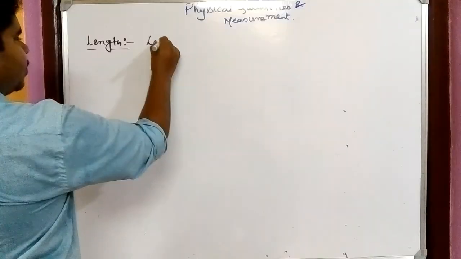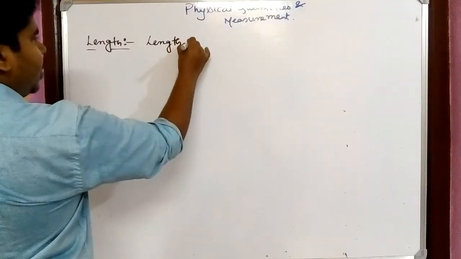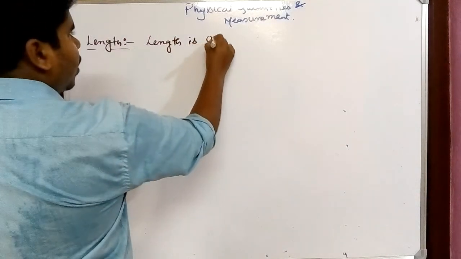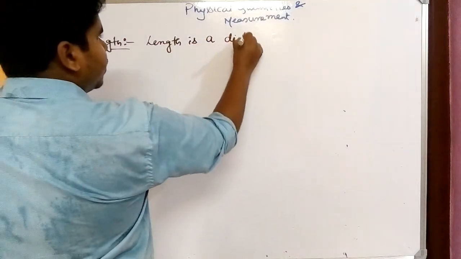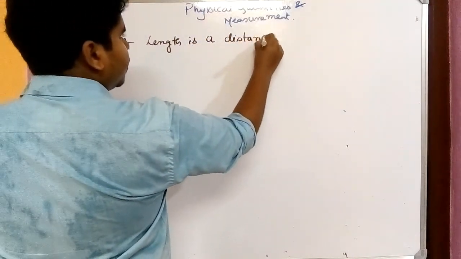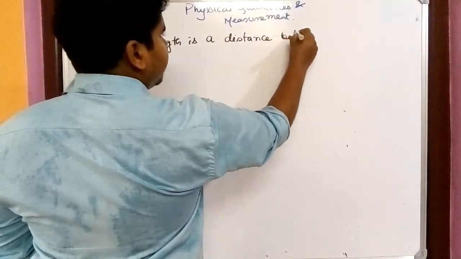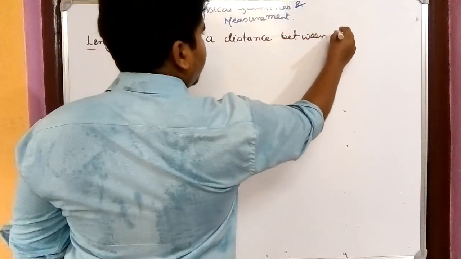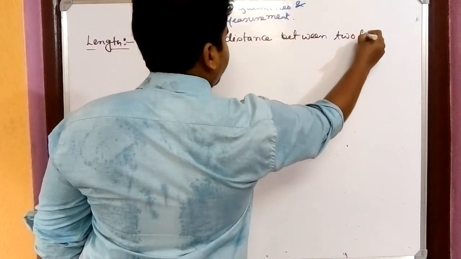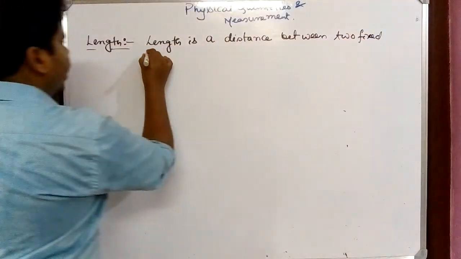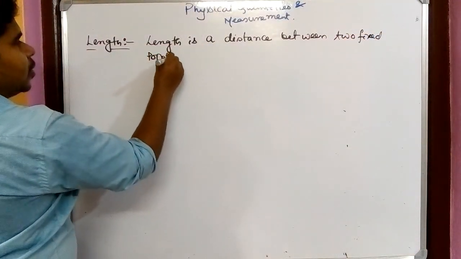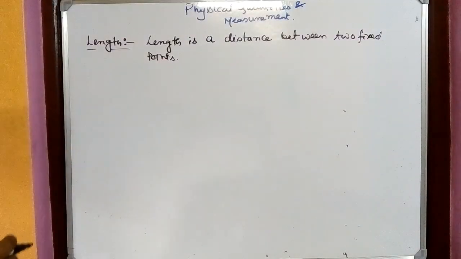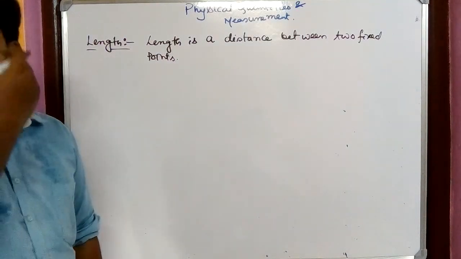Length is a distance between two fixed points. So this is known as length.